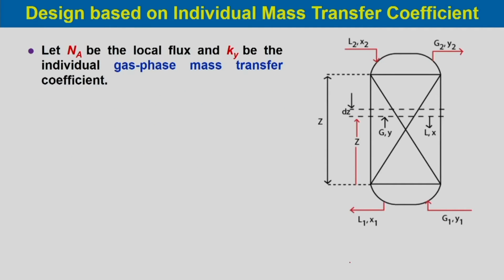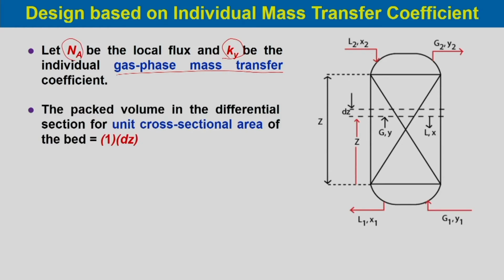Now, let Na be the local flux and small ky be the individual gas phase mass transfer coefficient. Then the packed volume in the differential section for unit cross sectional area is 1 into dz.